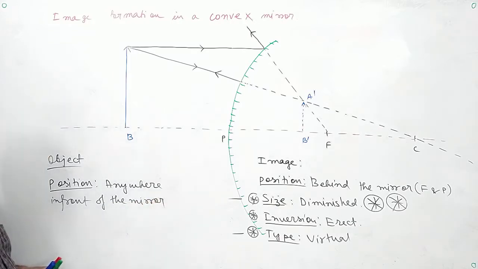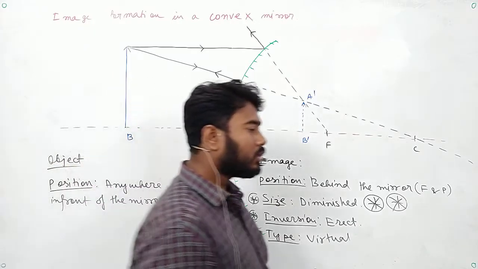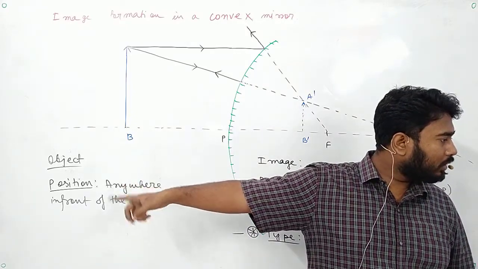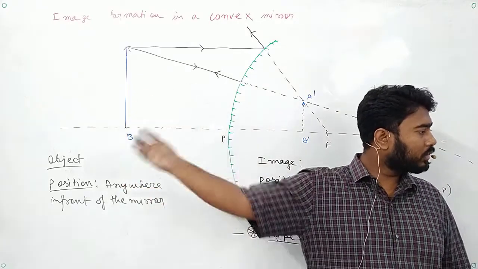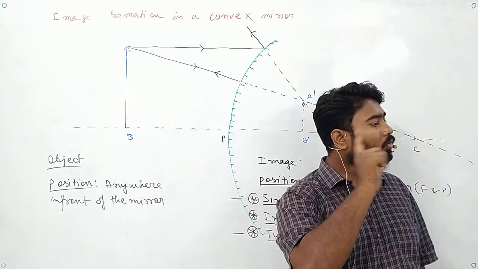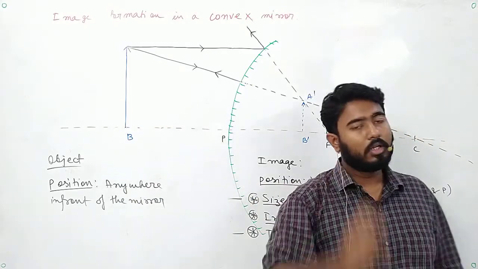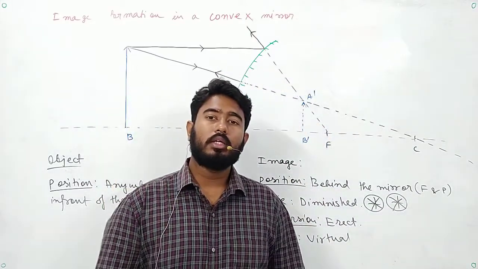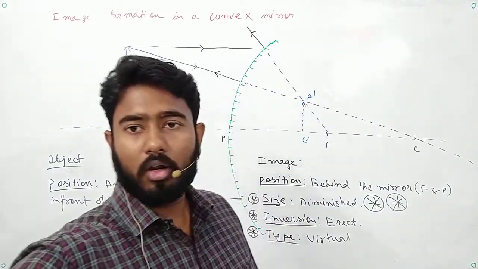In convex, as the image position is not dependent on where you keep the object in front of the mirror, we can get only one type of diagram in a convex mirror. Is the idea clear? All of you write this down.